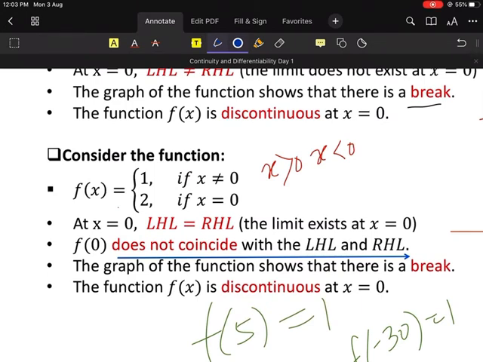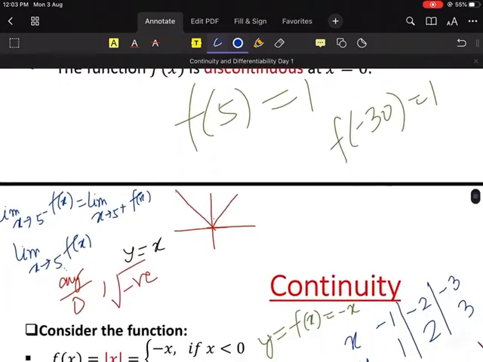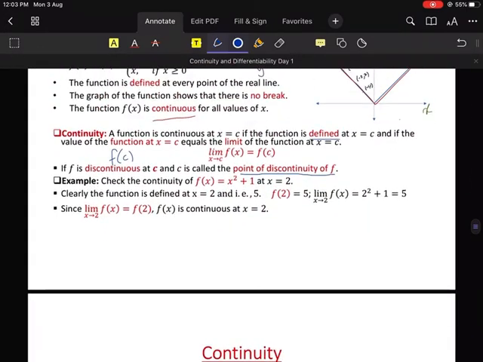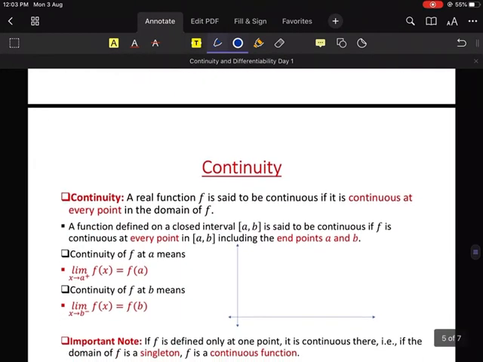Understood? And here also 0 will be known as the point of discontinuity of this function. Okay? I hope everybody is clear about this one. Wait a second. Everyone is clear? Yes or no?